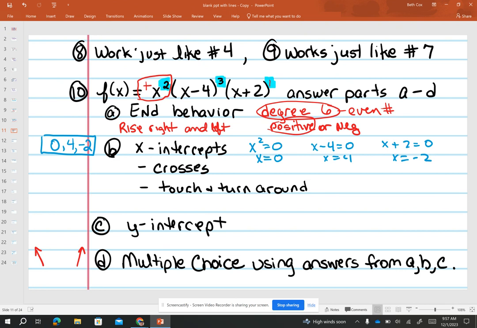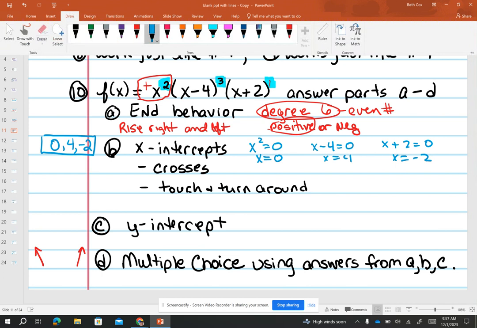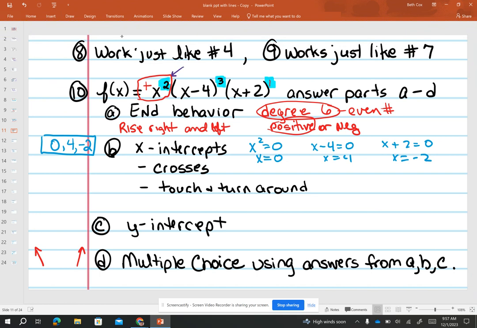But then it asks me, which one of these does it cross at? Now that one we have to go look at the degree again. This one produced 0, right? And this one has an even power. And even powers touch and turn around. Odd powers cross.